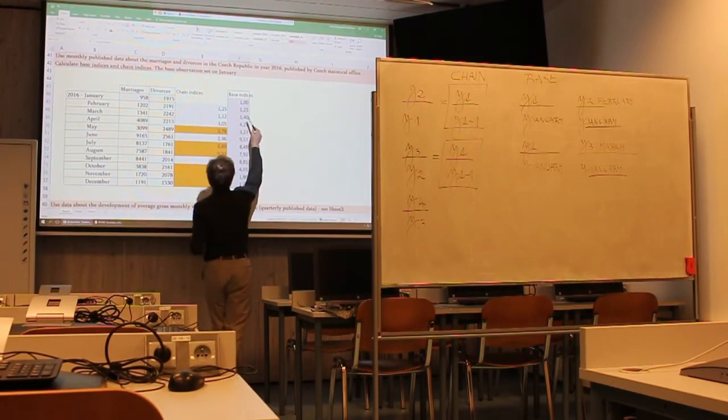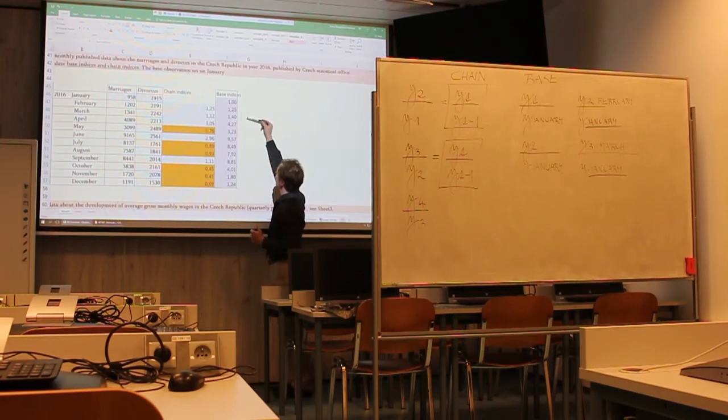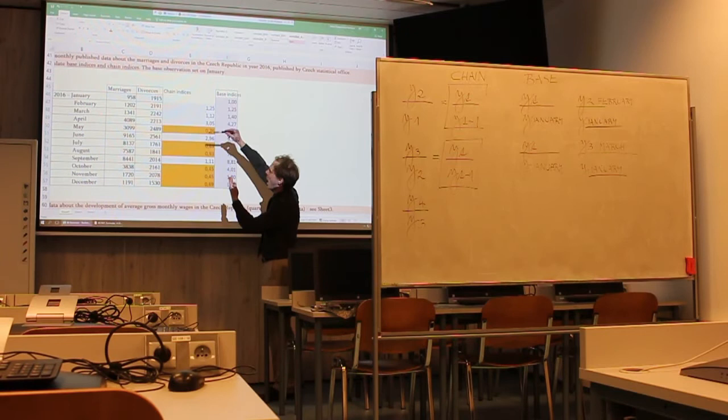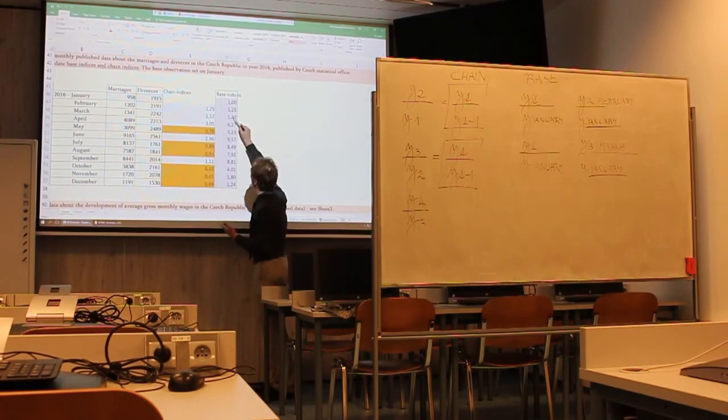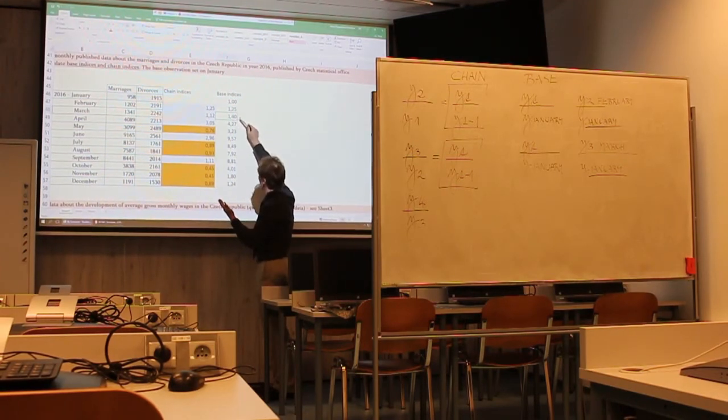But here, a 40% increase. This is a comparison of March with January, the basic period. So in March, we had 40% more marriages in comparison with January, the basic period.